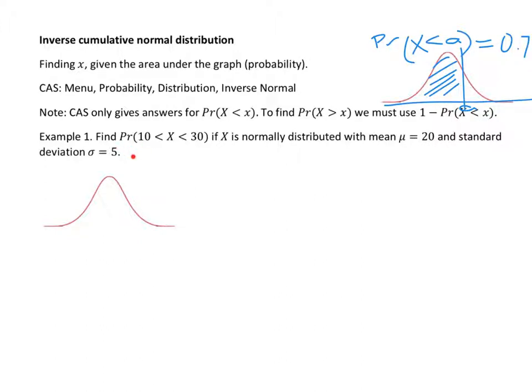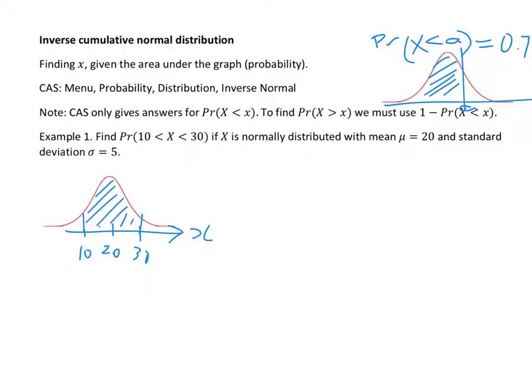So here's an easier example. You're asked to find the probability that x is lying between 10 and 30, where the mean is 20 and the standard deviation is 5. If I do a little bit of a sketch first, that's x there, that's 20, and I know I'm going between 30 and 10. In this case, this one's actually quite straightforward.